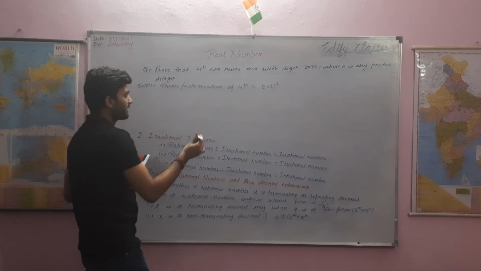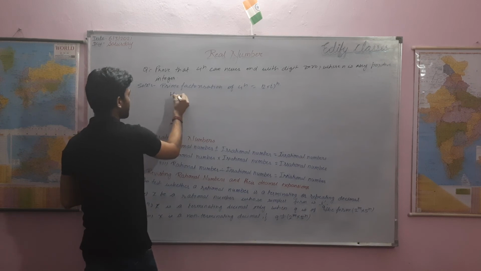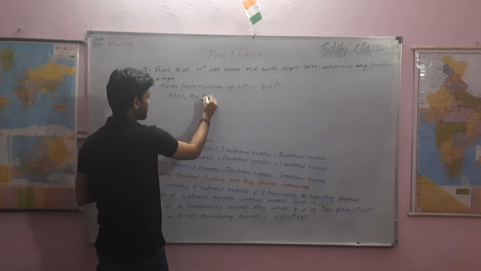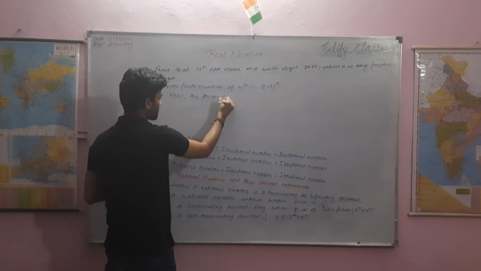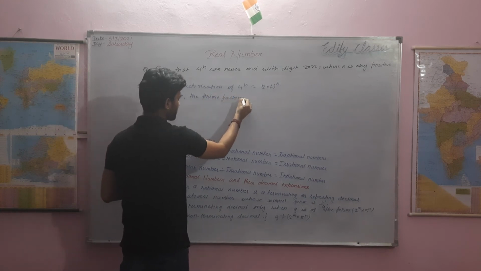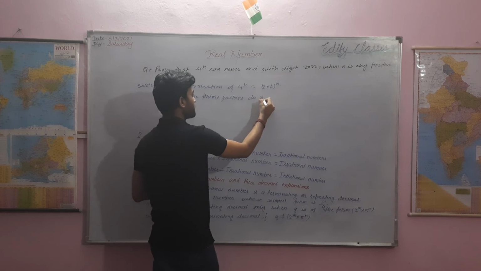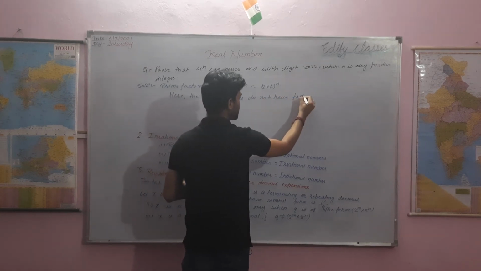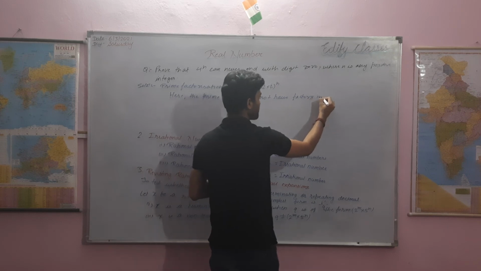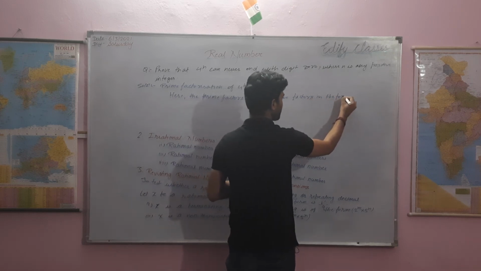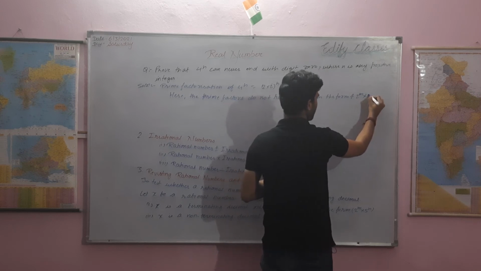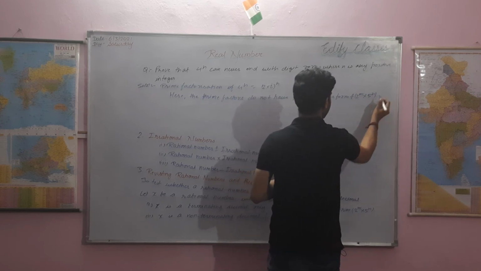So we can say that the prime factors do not have factors in the form of 2 to the power m into 5 to the power n.